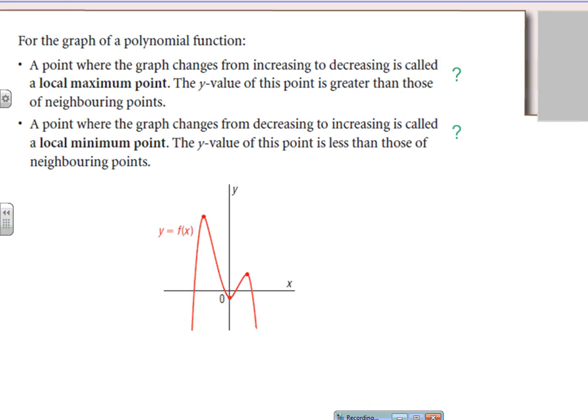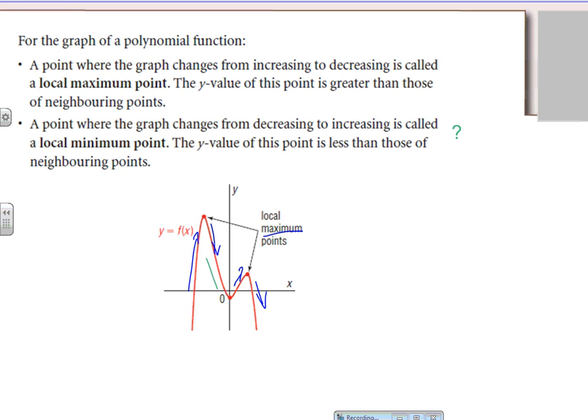So in a polynomial function, a point where the graph changes from increasing to decreasing is called a local maximum. Right there, those are two local maximums. The first one was saying increasing to decreasing, that's a maximum.